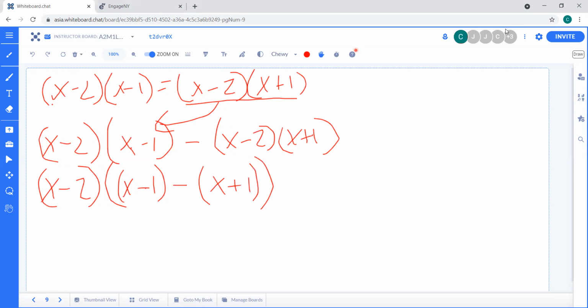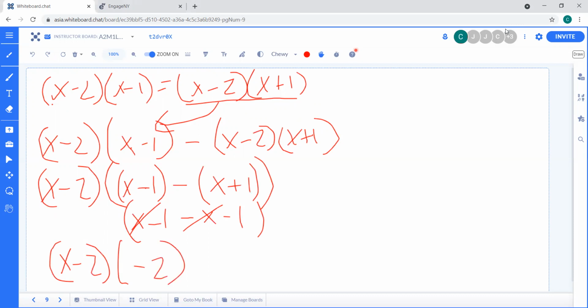Now let's just do that: x minus 1 minus x minus 1. And the x will cancel. And that leaves you with x minus 2 times negative 2.